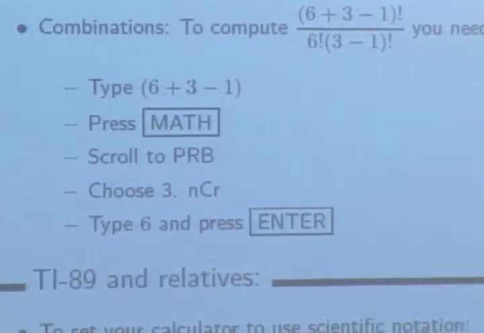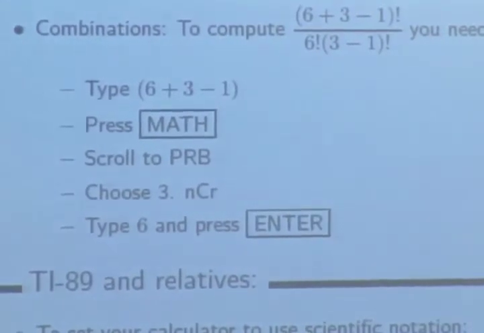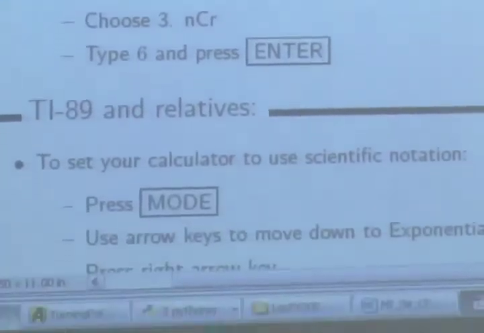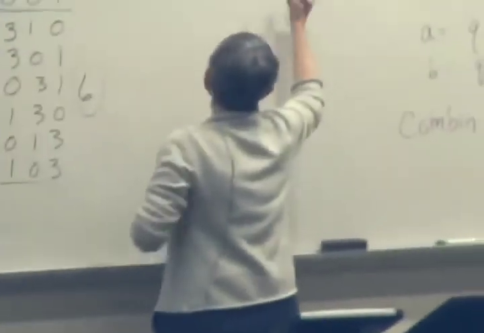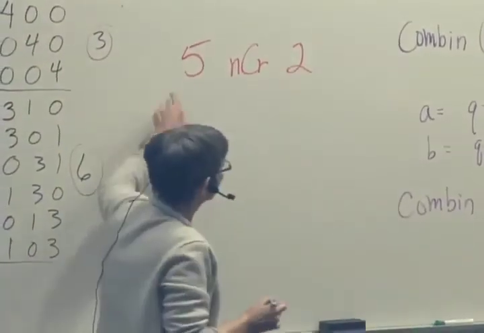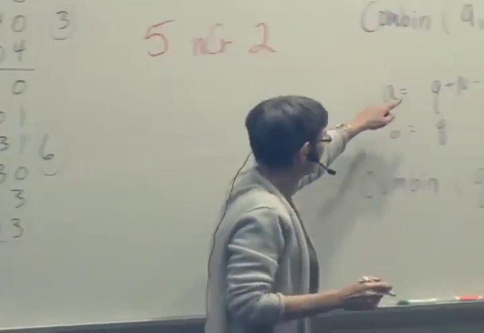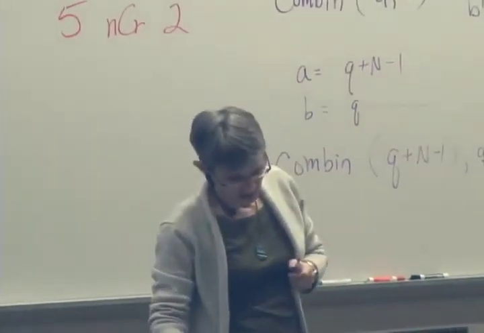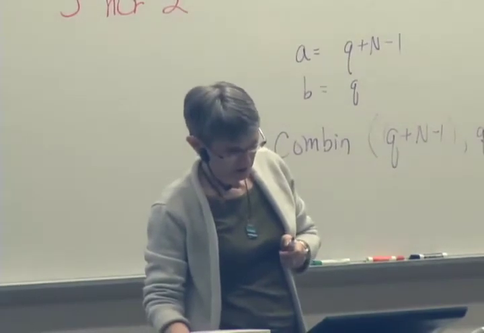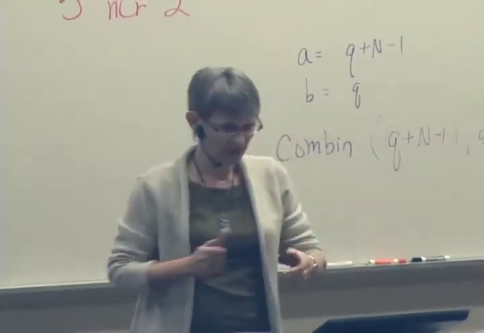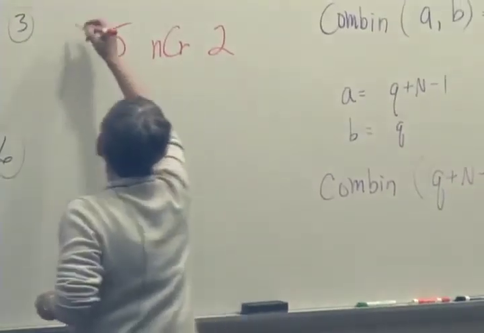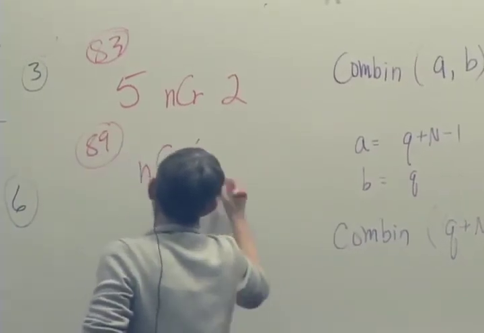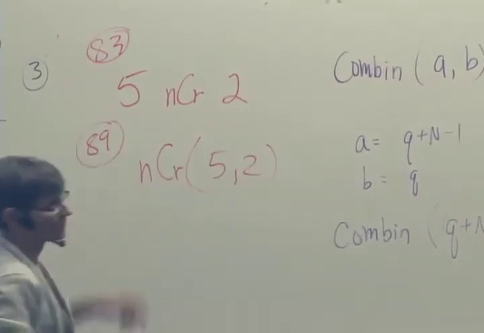The syntax on the 83 and its relatives is that you enter 5, then that operation, and then 2 if you wanted 5 and 2. On the 89 it is a little bit different. You press math, choose probability, and choose NCR, but on the 89 it's actually a function, so it's NCR 5, 2.